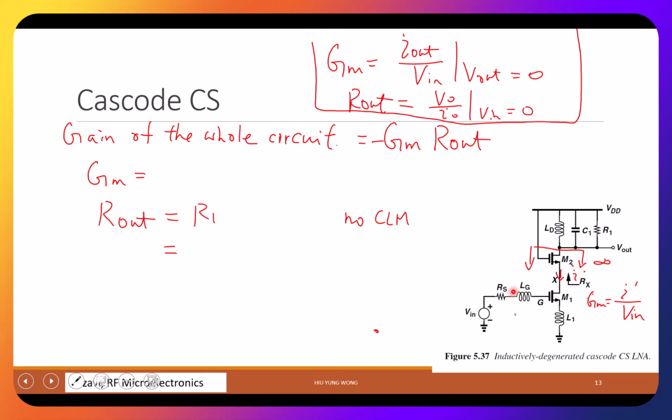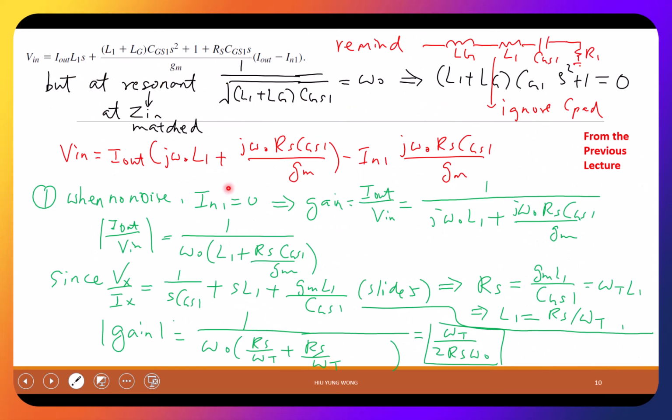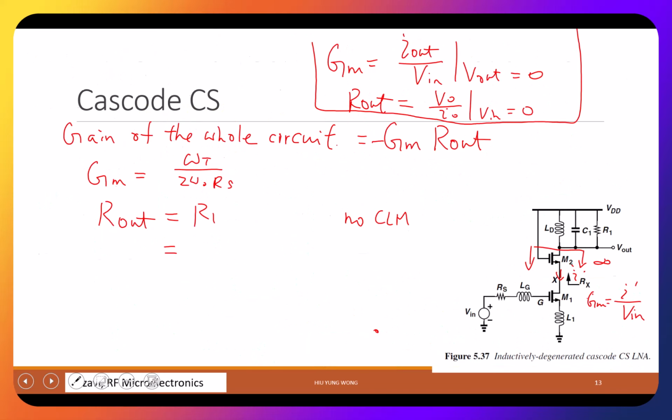Sorry for that. This is a mistake because we're looking at high frequency, so we have all this thing here. So what is that? That is what we proved earlier, which is omega t divided by 2 omega naught R S. This is the GM, which is the gain: output current divided by V in. So I was wrong about this.